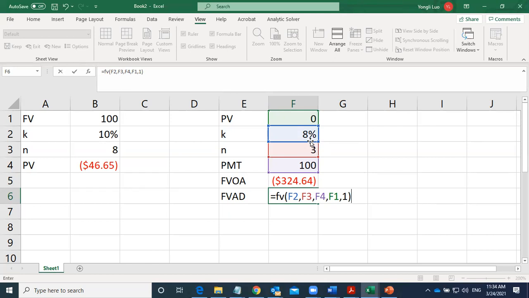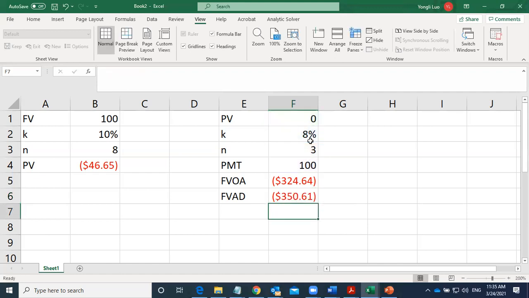If you want to calculate the future value of an annuity due, you have to specify 1. Otherwise, Excel just assumes it's an ordinary annuity.